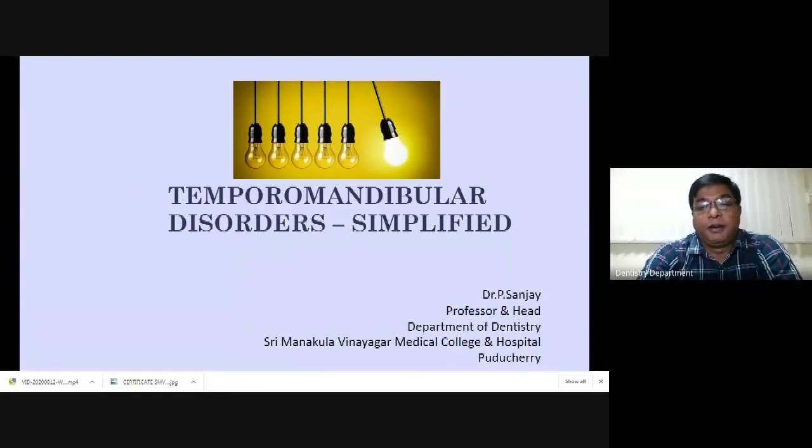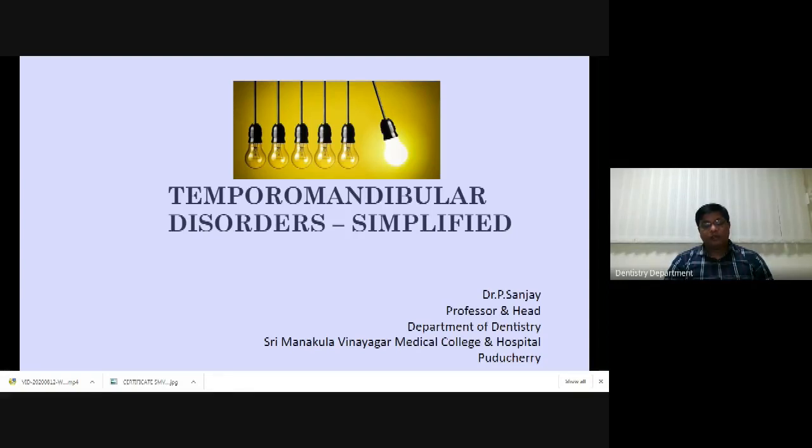Temporomandibular disorder simplified. This is a very common disorder, and many times it is confusing to treat. When I talk about temporomandibular disorder, I mean a separate disease itself.